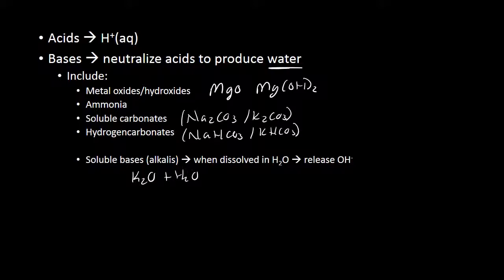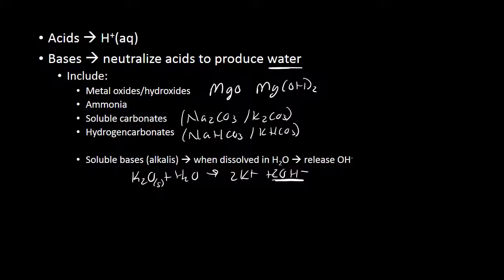Because we're making an aqueous solution, we're dissolving it, it's going to cause K+ and OH-. Due to putting this solid metal oxide into water, it causes a small reaction to take place, and we get a cation and we get that hydroxide.